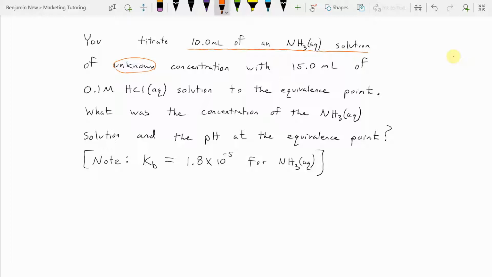And we're titrating that with 15.0 milliliters of 0.1 molar HCl to the equivalence point. They're asking us for the concentration of ammonia of the starting solution and the pH at the equivalence point. We're also given the Kb for ammonia.